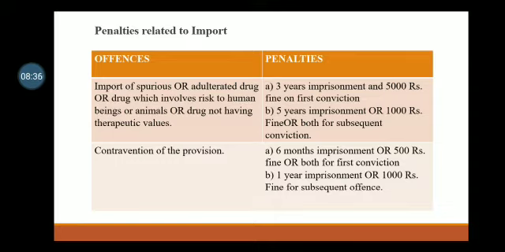At that time, the penalty will be A, 3 years imprisonment and 5,000 rupees fine on first conviction, or B, 5 years imprisonment or 1,000 rupees fine or both for subsequent conviction.